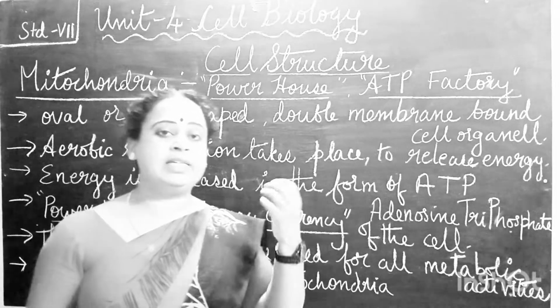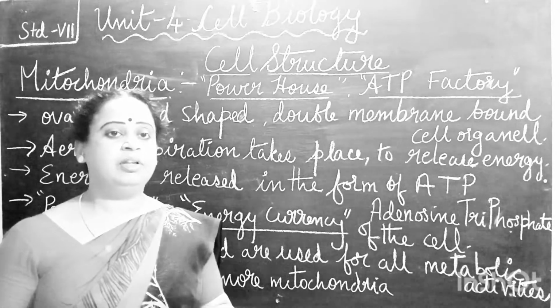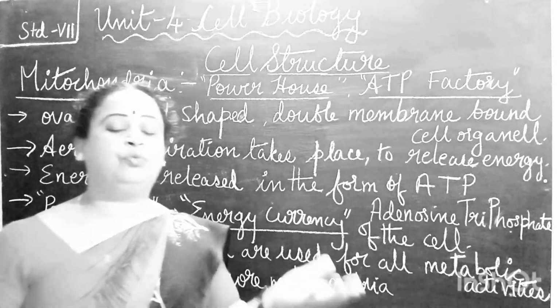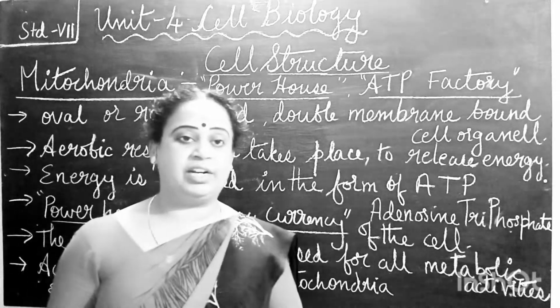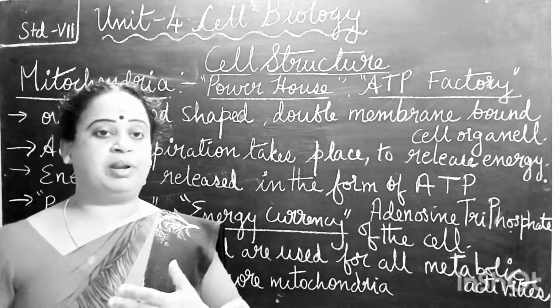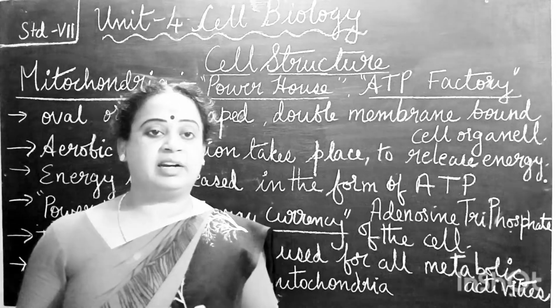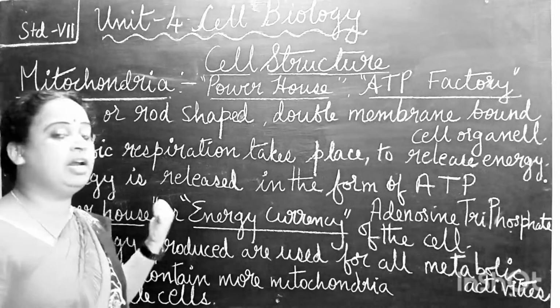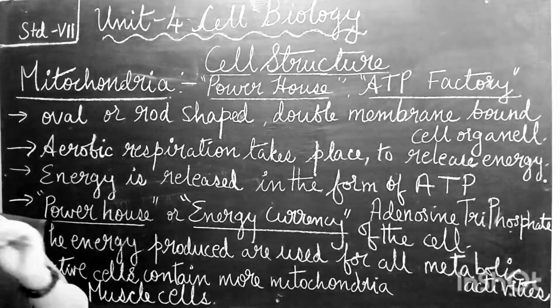The food we eat gets digested, and as digestion takes place, a large amount of energy is released. Now, who releases this energy? Our cell organelle, mitochondria, releases this energy.